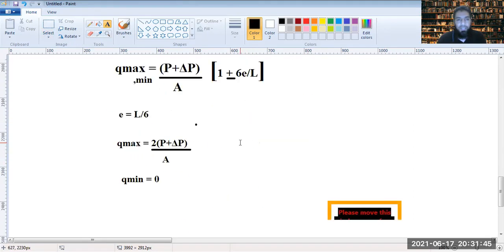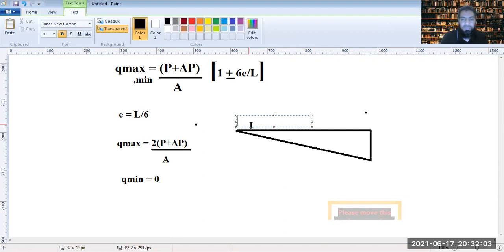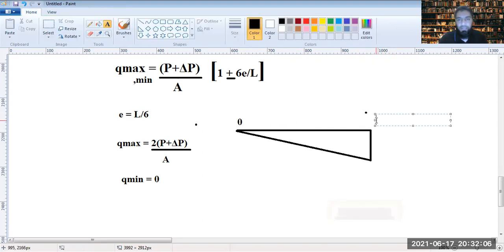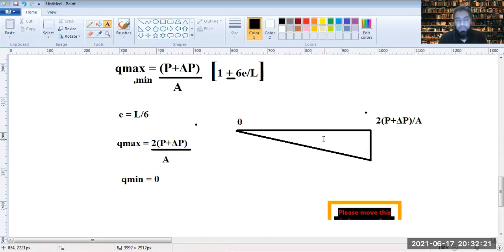So once you have E equal to L by 6, the maximum contact is 2 times P plus delta P by A, and the minimum is 0. So you are getting a triangular load.